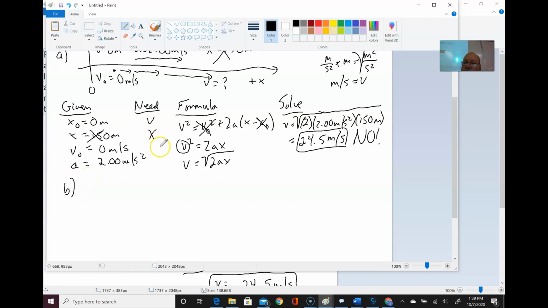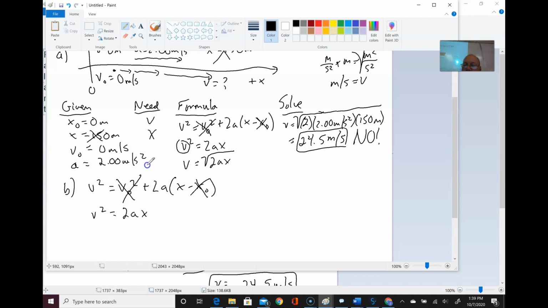What do I need to do to accomplish that? I still don't have time. So whatever I do, it's going to have to involve v squared equals v0 squared plus 2a times (x minus x0). Again, my initial velocity is 0, my initial position is 0, so I've got v squared equals 2ax.